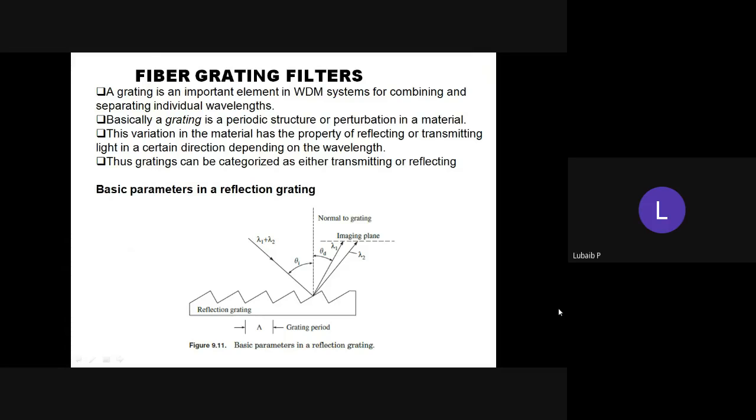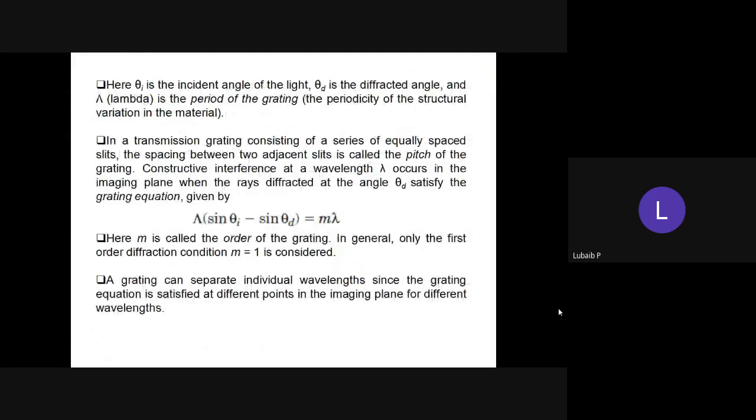Due to the grating, the signal is reflected and separated into different wavelengths, lambda 1 and lambda 2, at an angle theta d. Here theta i is the incident angle of the light, and theta d is the diffracted angle. Lambda is the period of the grating, the periodicity of the structural variation in the material.